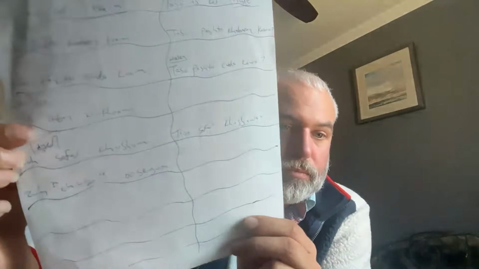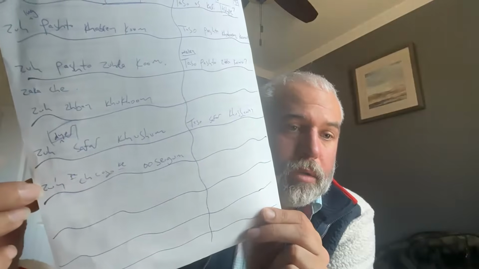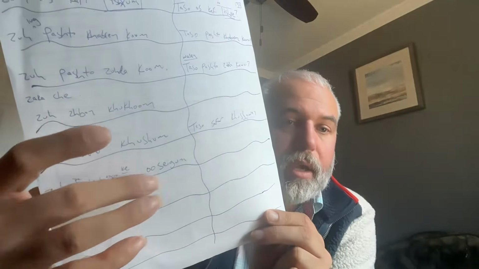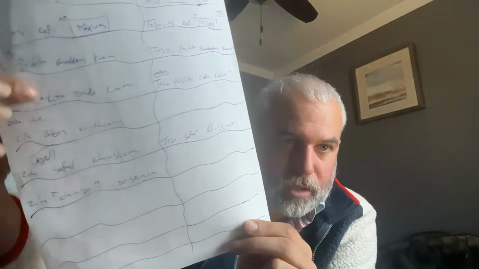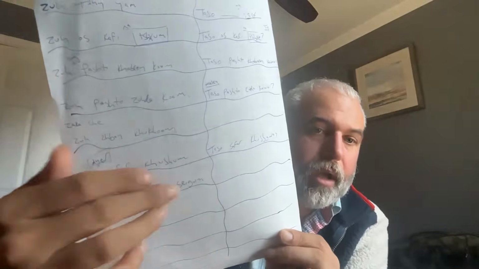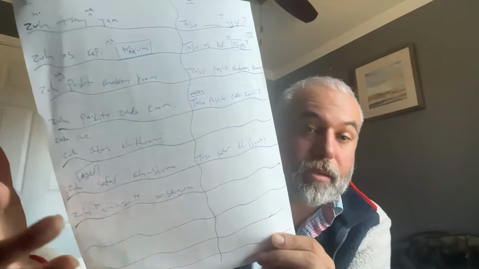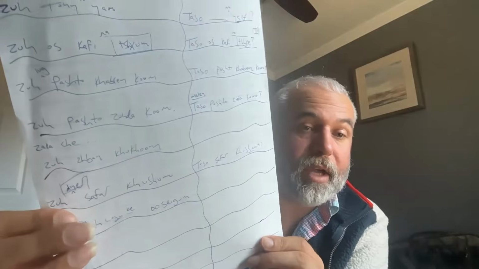Za pa Chicago ke usegum. You could say za pa New York ke usegum. Za pa XYZ ke usegum. All of the verbs end in M. That's the main takeaway.